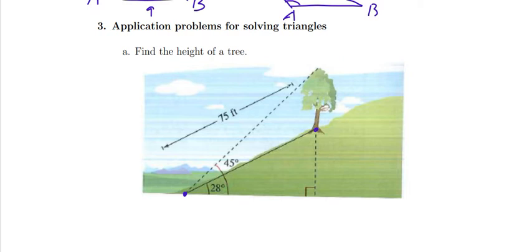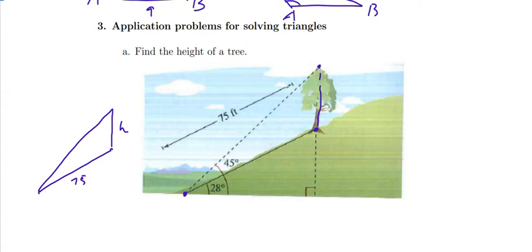Okay, so we just convert this problem into a triangle problem. From here it is 75, and we want to find this side h.